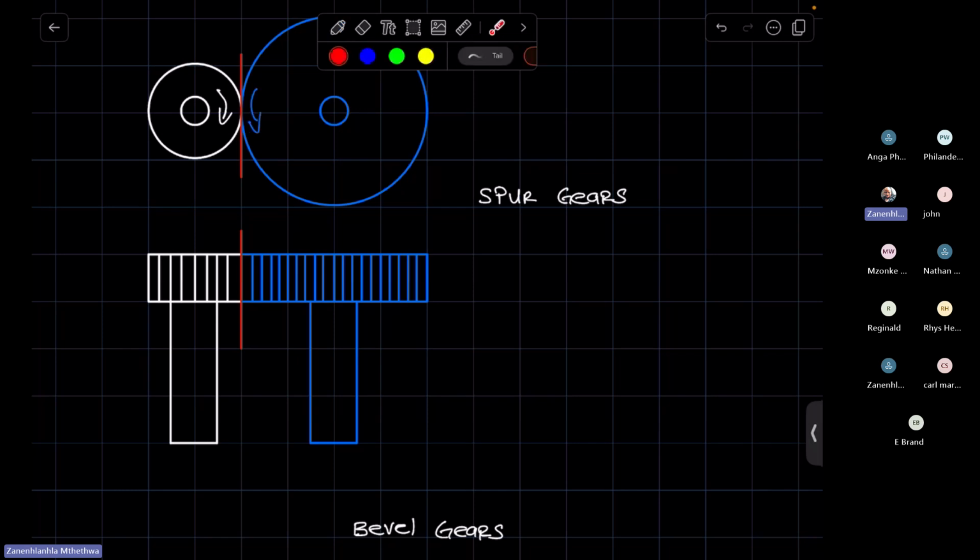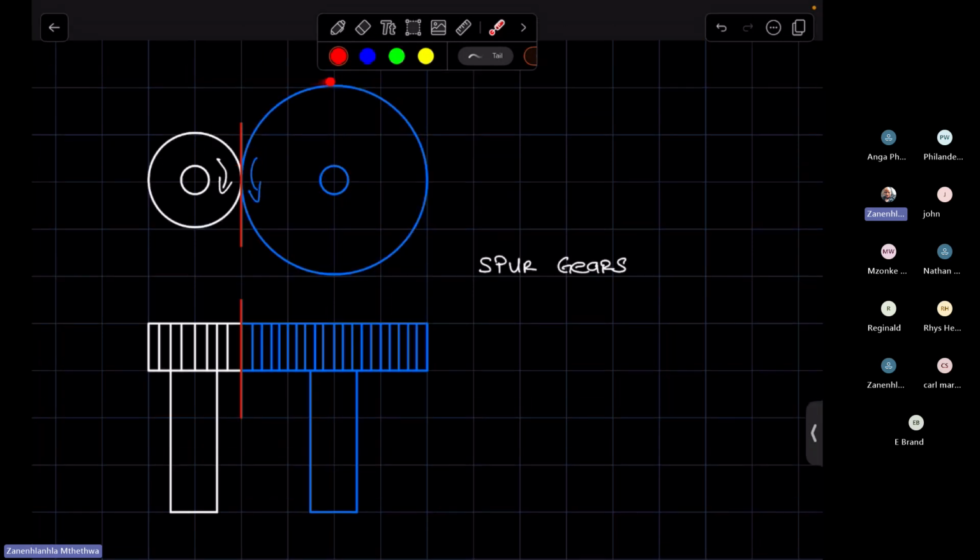So spur gears are such that when they mesh with the outside true circumference, by which I am referring to a gear that has teeth ground onto it on the outside. Remember, you are able to grind teeth onto gears on the outside as well as the inside. A spur gear that has teeth ground onto it on the inside is normally referred to as a ring gear or an annulus gear.